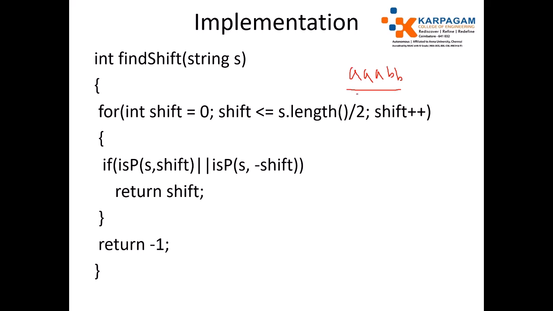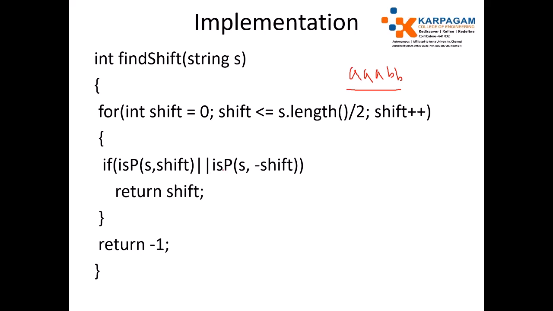So I can check half of the string. Just compare the first character and the last character, and the second character with the character before the last, like that. So I start from 0 and loop while shift is less than or equal to string length divided by 2, shift plus plus. I just check is palindrome after making this shift, whether it is a palindrome or not.